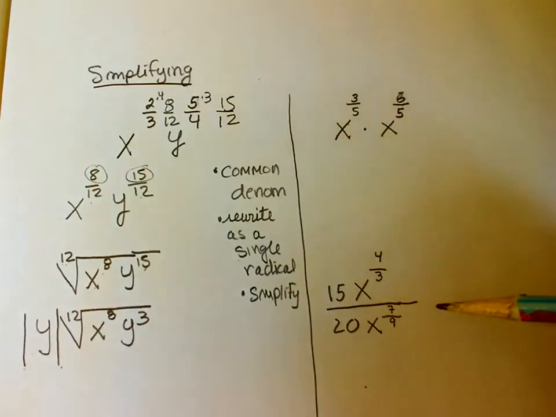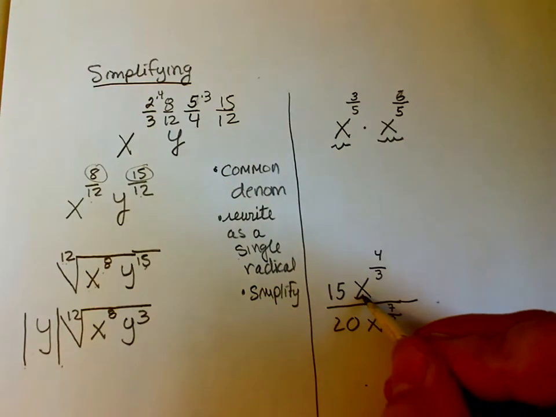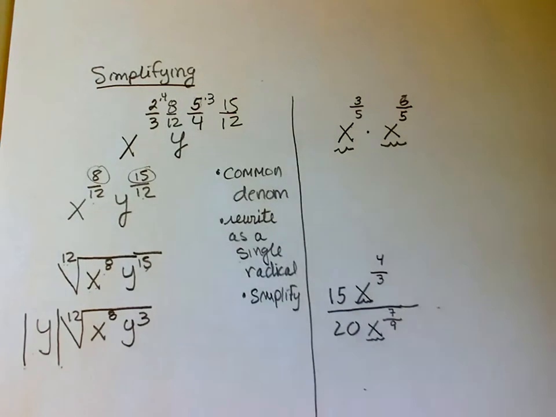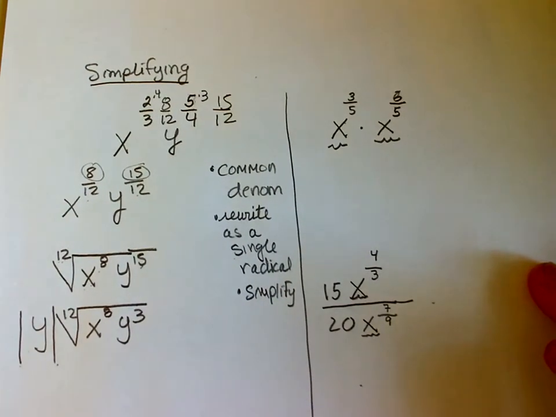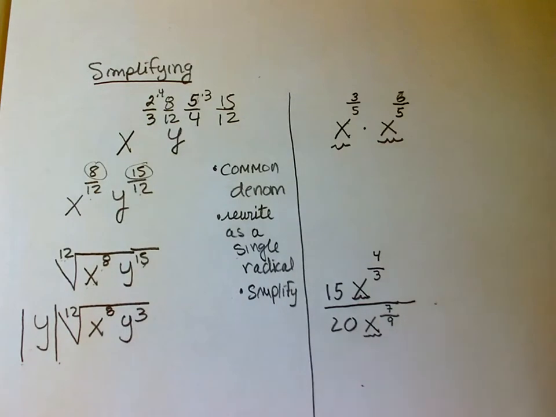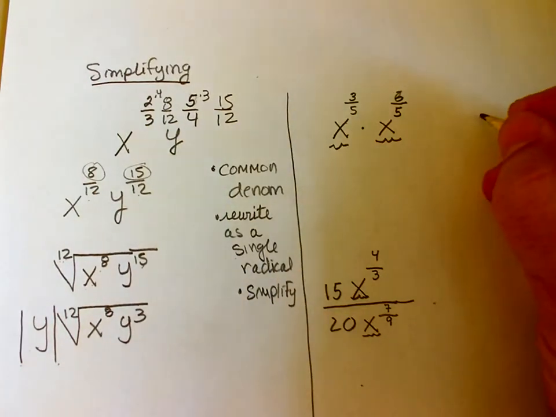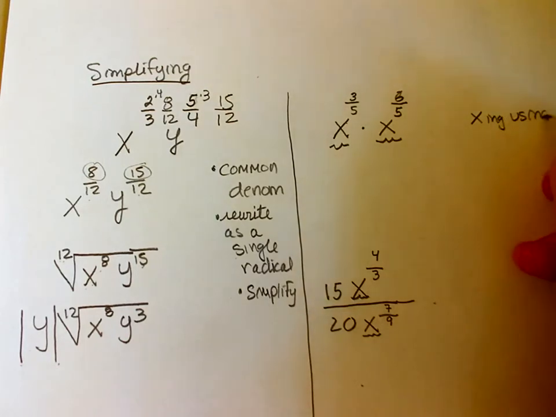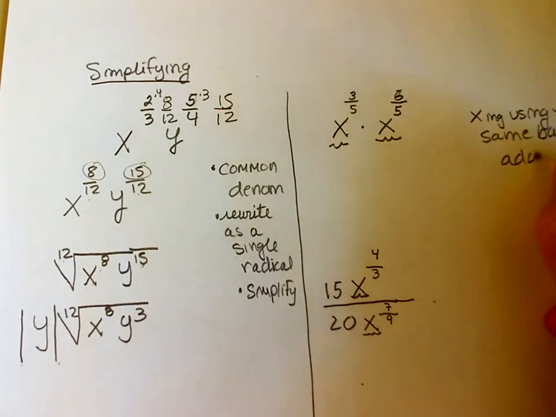Second examples, you have the same base, x and x. The way we treat these is like we treated exponents where the bases were the same and you were multiplying and dividing them. In the first example, since we're multiplying using the same base, we're going to add exponents.